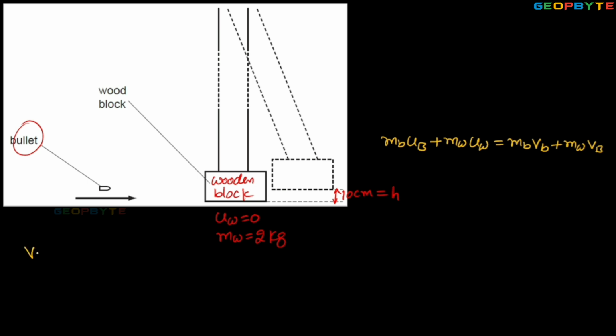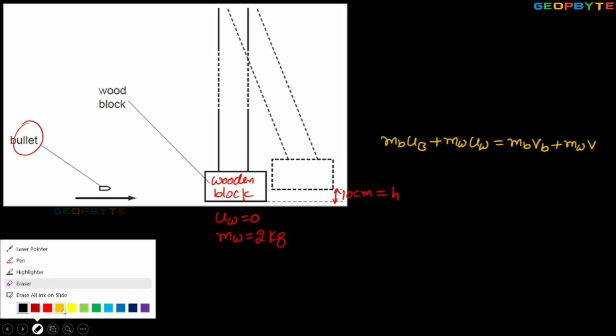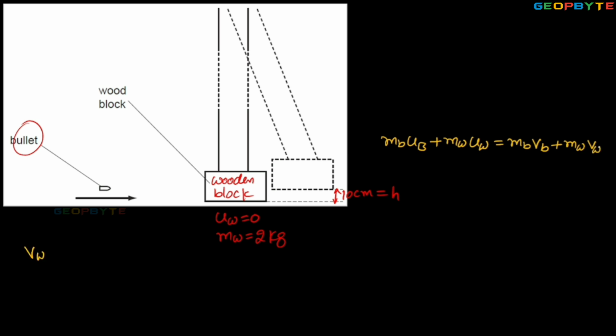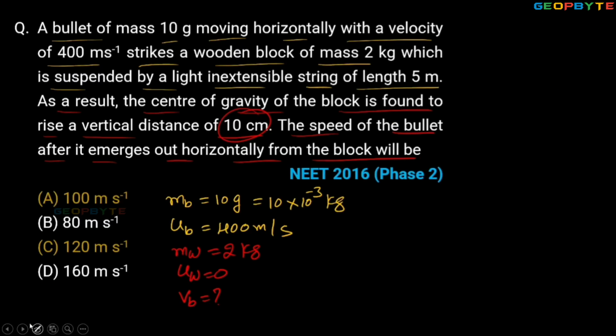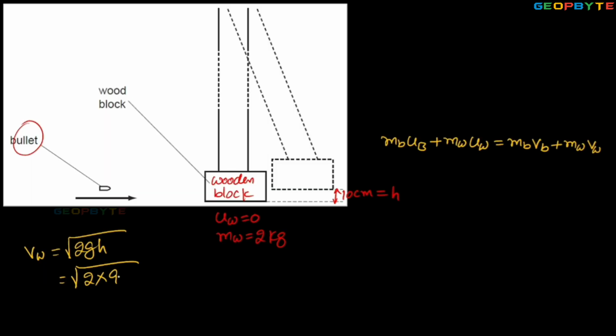Here velocity of the wooden block equal to root over 2gh. Since g is not given, take 9.8 multiplied by h, which is 10 centimeters, means 0.1 meter.